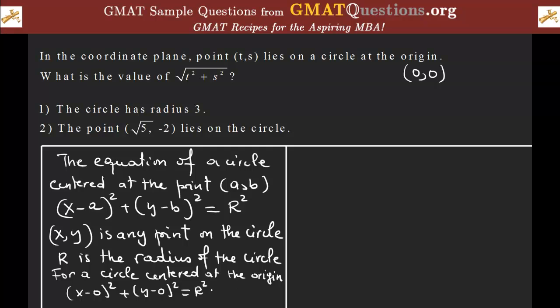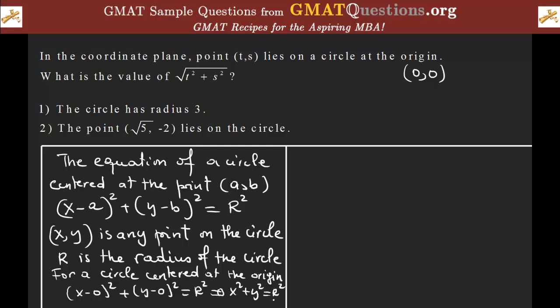And this boils down to x squared plus y squared equals r squared. So the equation of a circle centered at the origin is x squared plus y squared equals r squared.